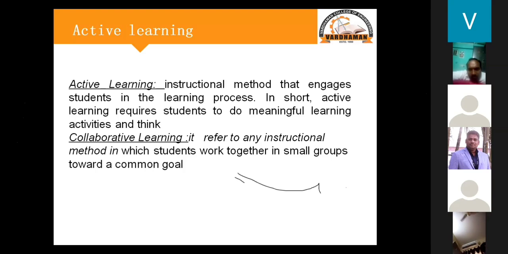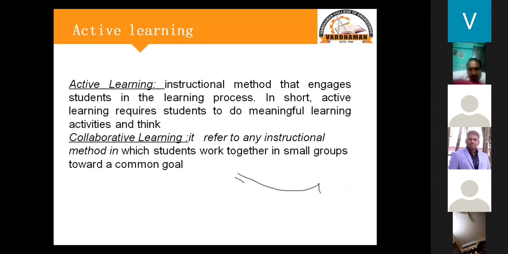Because I have seen, as an example, many faculty members who started practicing active learning failed. They come back and say students are not happy with active learning. Here, it's not about the students, it's about the difficulty of the faculty in converting his theory into an activity. So the faculty should be very choosy in selecting an activity in his lesson plan.